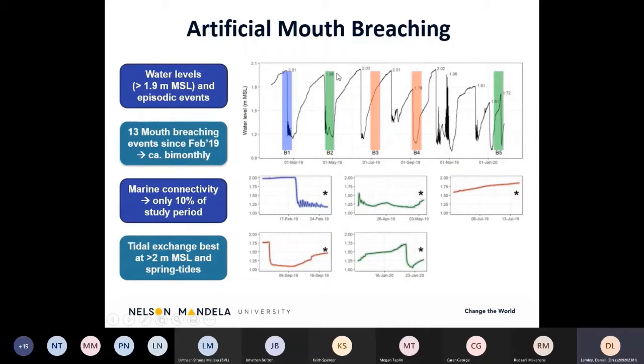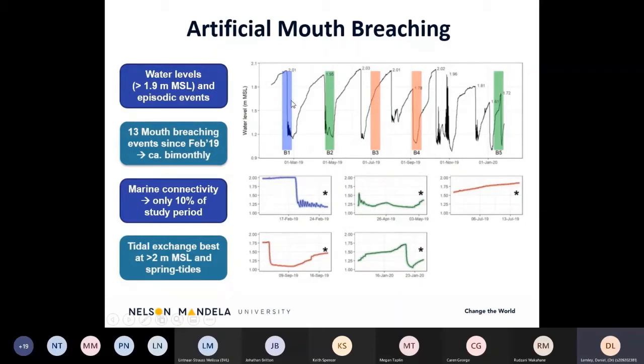Initially, they were trying to breach at about 2 meters, but with certain pressures, there are residents that are worried about flooding. And then, as you'll notice, closer to the December holiday times, that level gets a bit lower as well, because they're opening, maybe not for the wrong reasons, but not necessarily just for flooding purposes. They want the mouth open during those times.